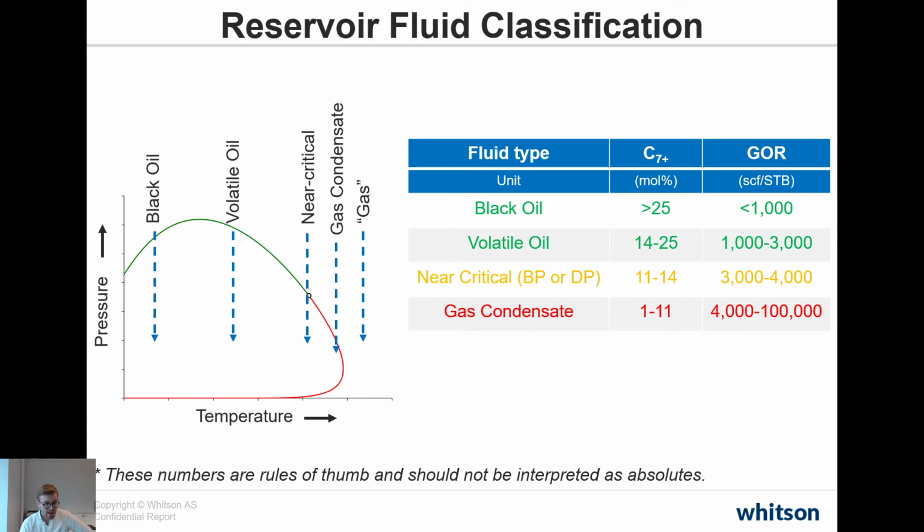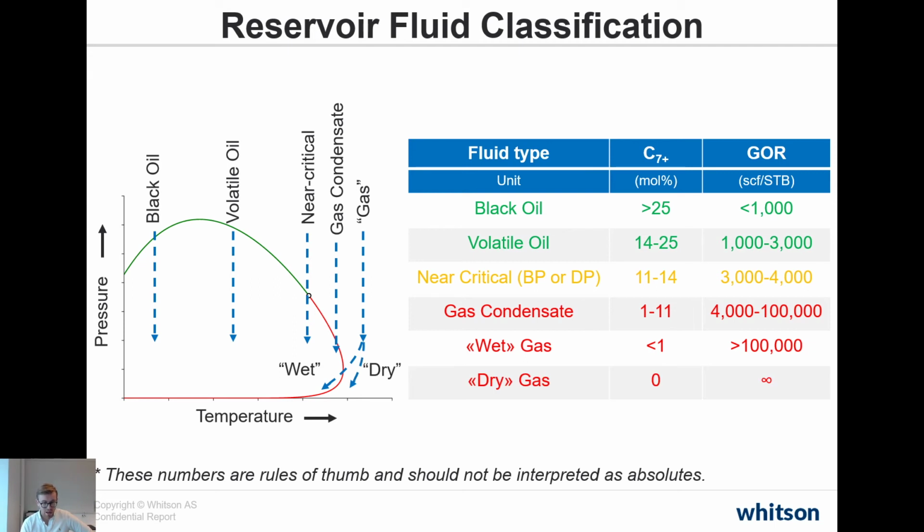Once you get into the gas space, you have two different types of gas cases that we've looked at already. It's the so-called wet gas, which means that in the reservoir it's always single phase gas, but the surface facilities are inside a two-phase envelope, which you can typically have if you have C7 plus mole percent composition less than 1, and maybe a GOR typically more than 100,000.